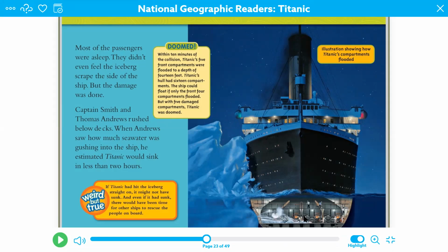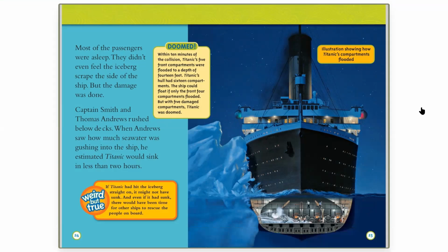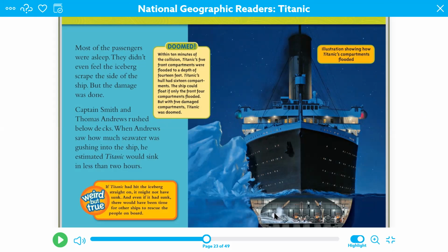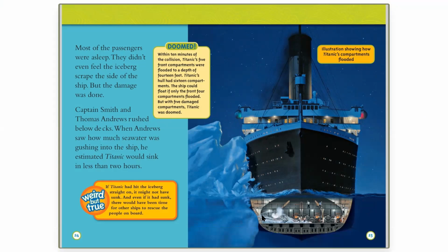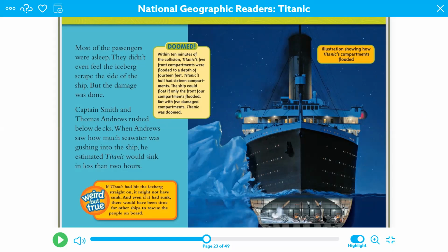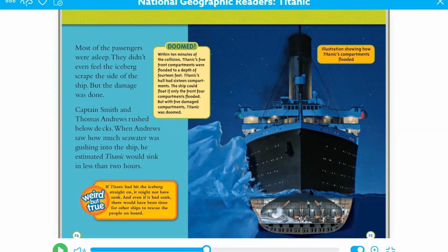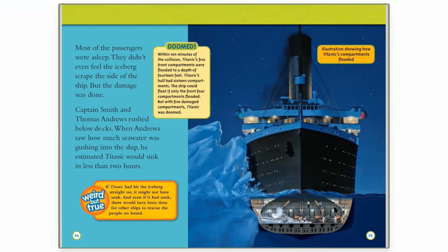Where did it puncture a hole in the boat? Can you see where it started to take on water? Right down here. So this is where it hit. It started to take on water, and then it all went downhill from there. Right? So this picture is really important to show us how the ship hit the iceberg, how it put a hole in the boat, how the boat started to take on water, right? We learn a lot from this picture.